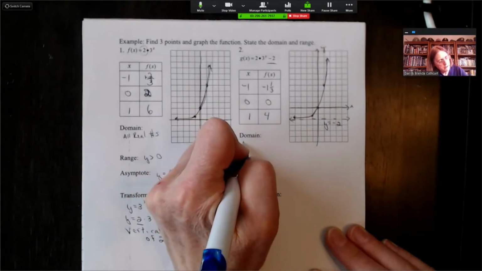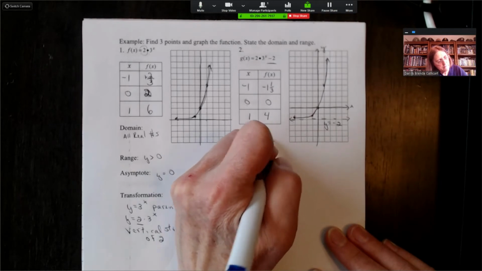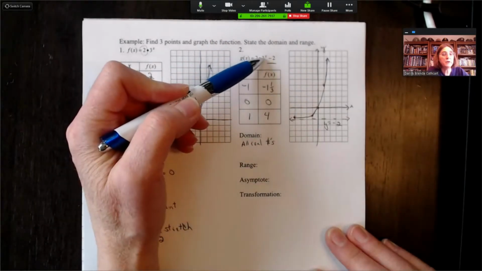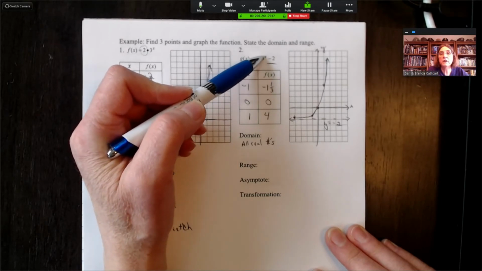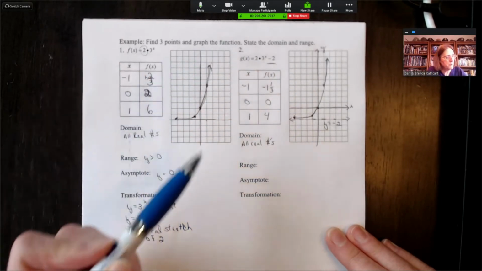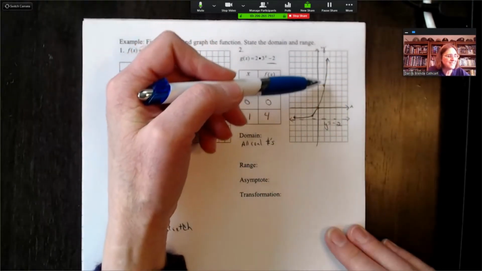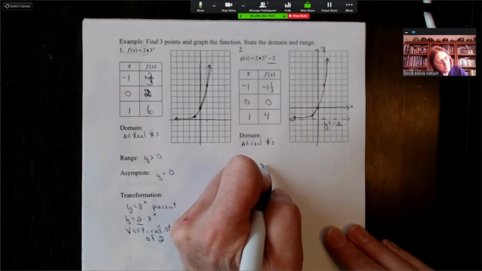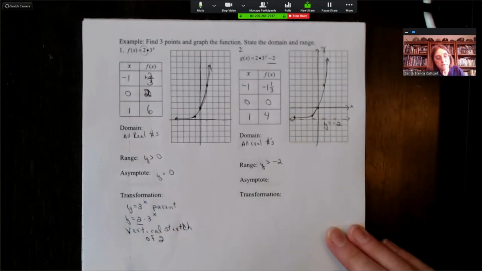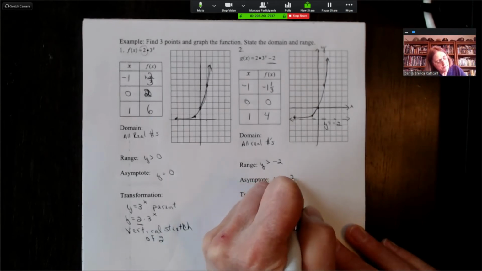Our domain again is going to be all real numbers. We can use any real number for an exponent. So 3 to any real number gives us a real number back. Our range now, since everything has been shifted down on this graph, is y greater than -2. Our horizontal asymptote, as we said, is y equals -2.